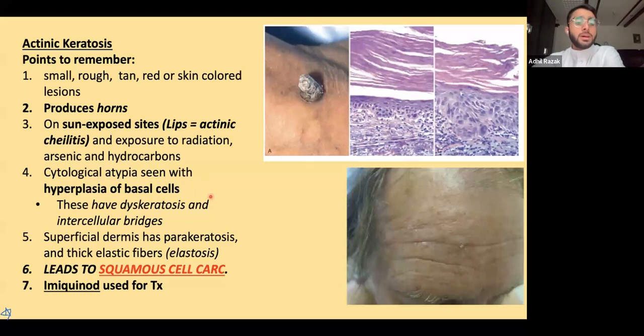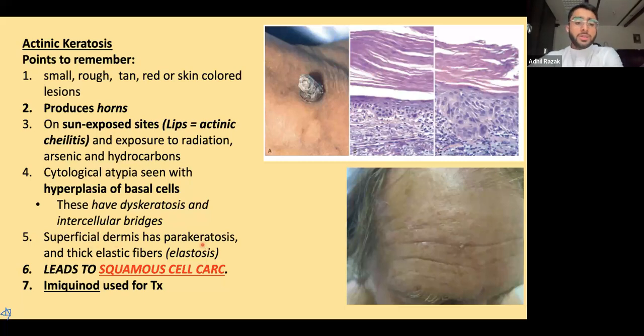In actinic keratosis there is cytological atypia. You see hyperplasia of basal cells. As you can see, these longer cells, they are hyperplastic. They're bigger. They're all over the place. And you can see this crazy layer of keratin, hyperkeratosis, and it layers up so much that it could form into a little horn like that.